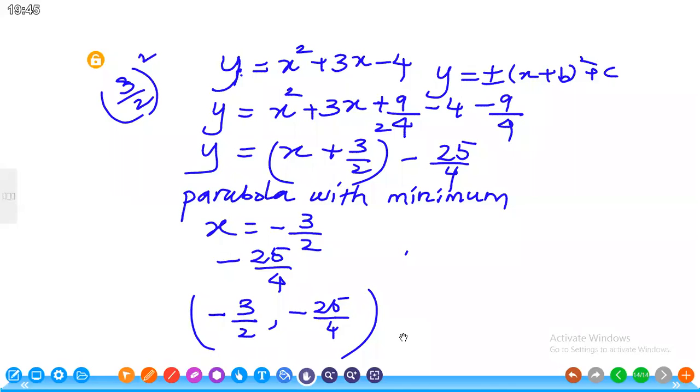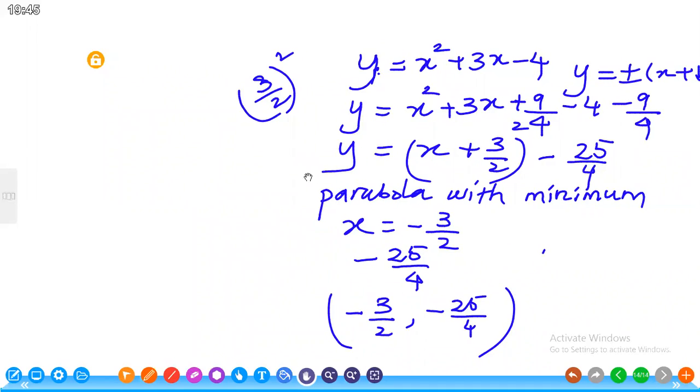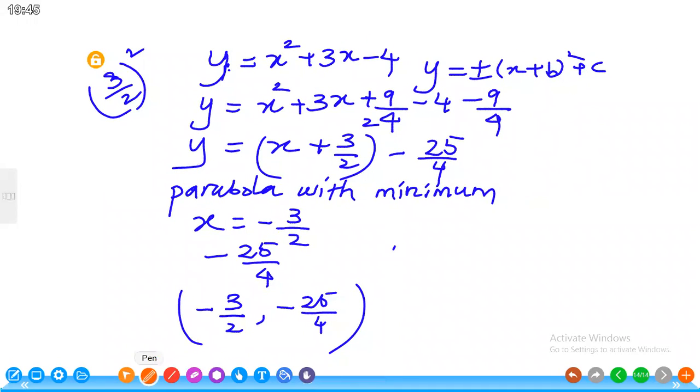After that, you can find the characteristics easily. Here x squared is positive, so parabola with minimum. The axis of symmetry is x equal to negative 3 by 2, the minimum value is negative 25 by 4, represented by c. The turning point has x coordinate negative 3 by 2 and y coordinate negative 25 by 4.